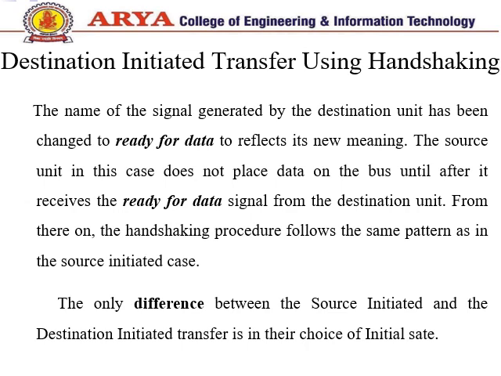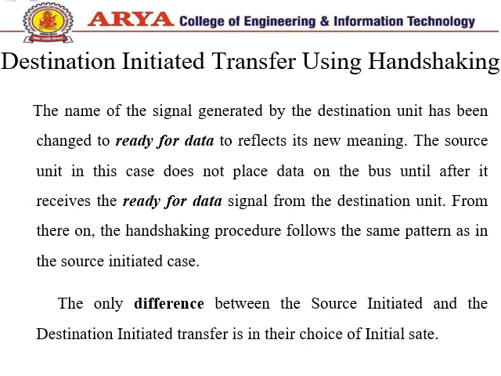Destination initiated transfer using handshaking. The name of the signal generated by the destination unit has been changed to ready for data to reflect its new meaning. The source unit in this case does not place data on the bus until after it receives the ready for data signal from the destination unit.